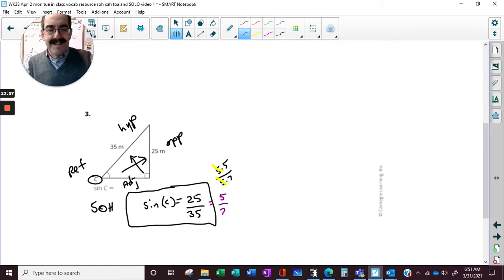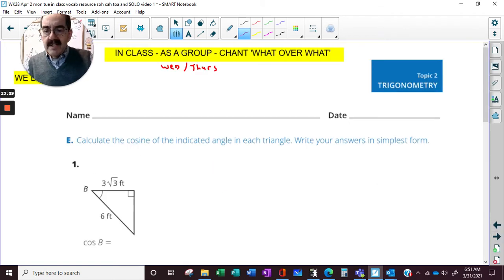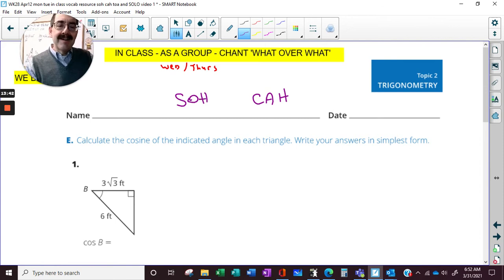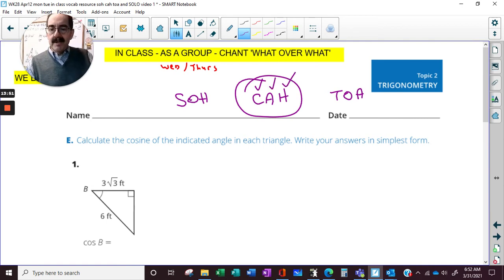Okay? And I think the only one we haven't done is cos, the cosine. CAH, not can. I can do it. So, CAH TOA. The cosine is the adjacent over hypotenuse.